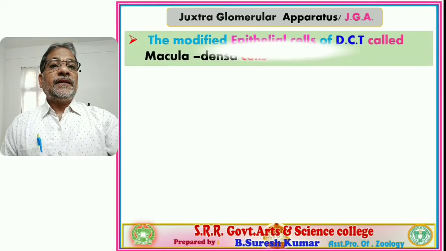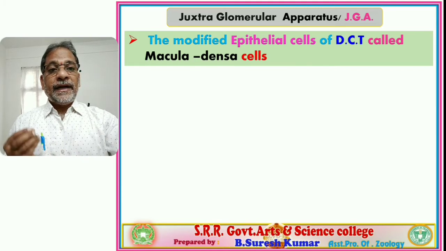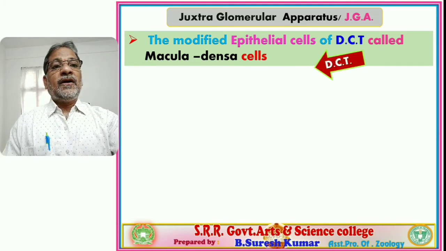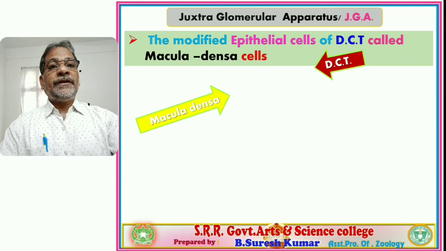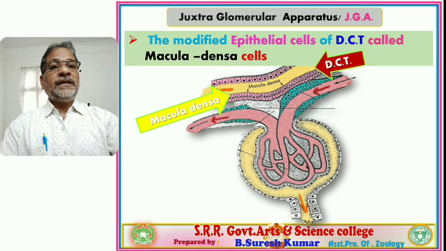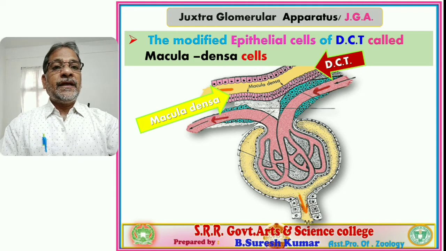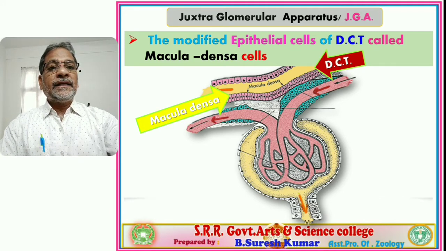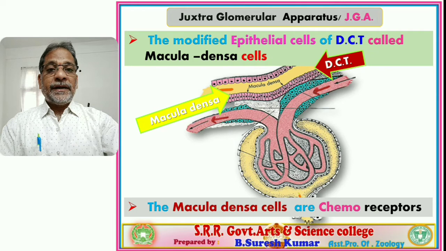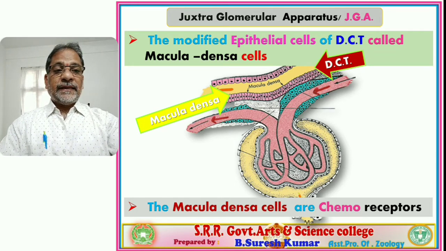Right, next, the second variant cells, macula densa cells. The modified epithelial cells of distal convoluted tubule are called macula densa. You verify, this is DCT. And pink color cells are there along the wall of the DCT. They are modified pillar-like cells. They are called macula densa. The macula densa cells are chemoreceptors.